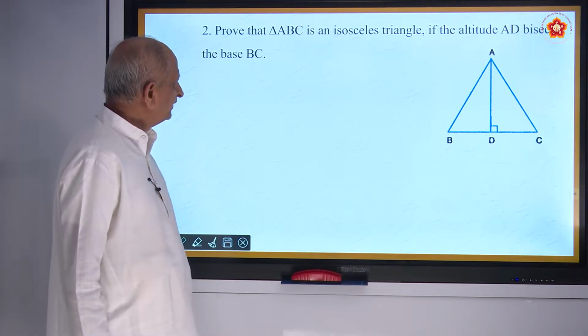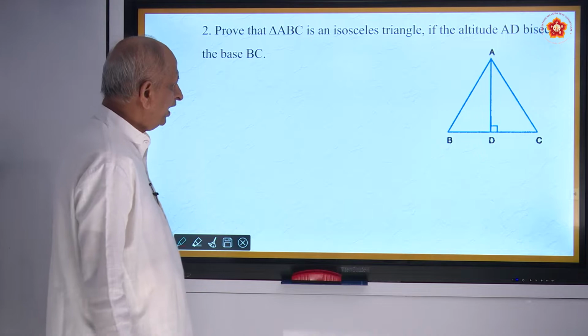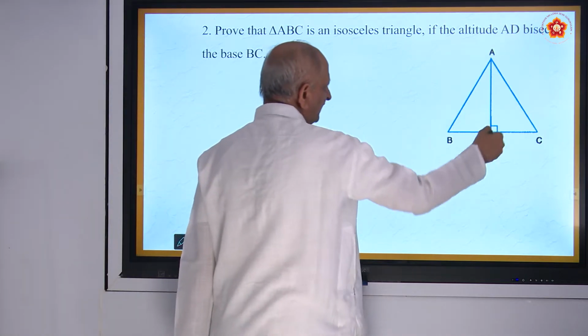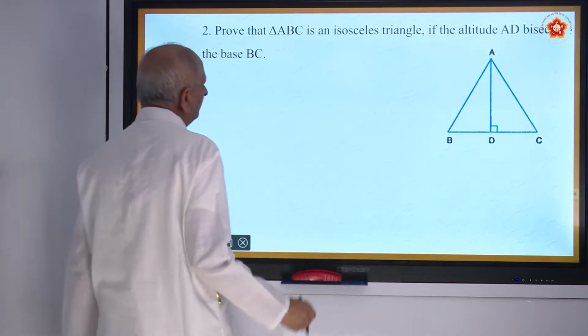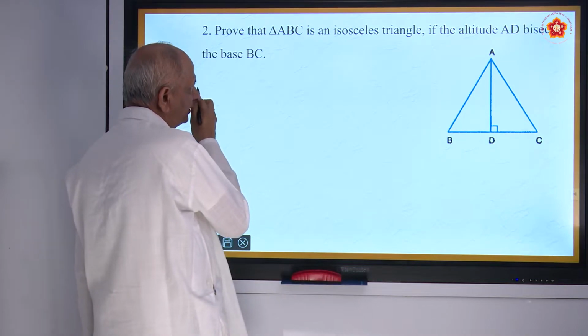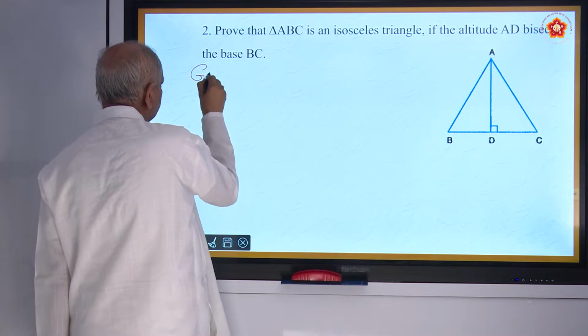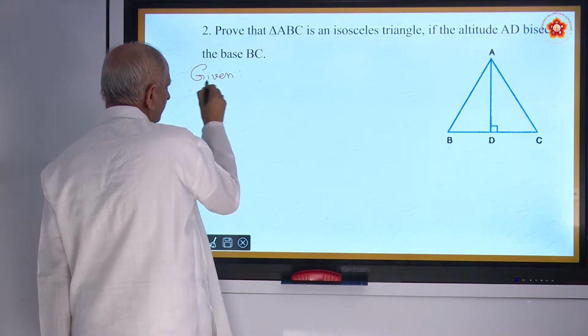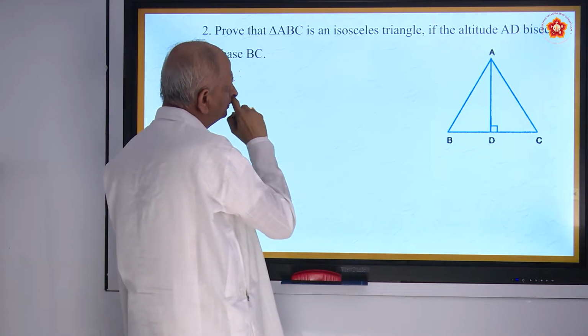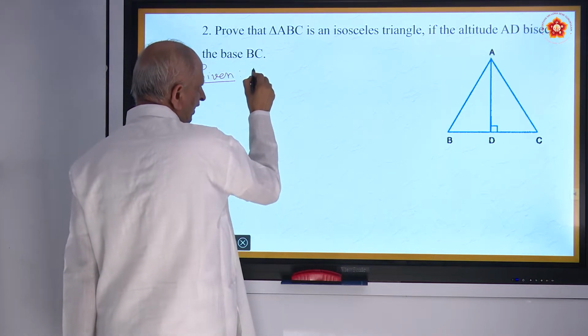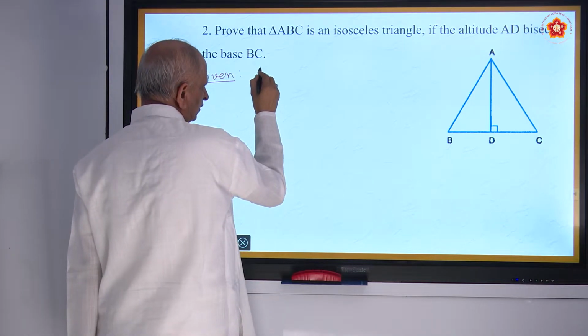In triangle ABC, if the altitude AD bisects the base, prove that triangle ABC is isosceles. So what is given? You are given that AD is the altitude.